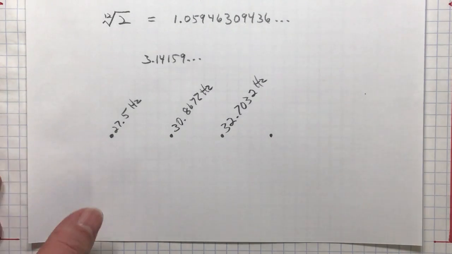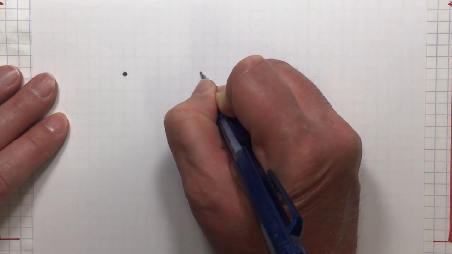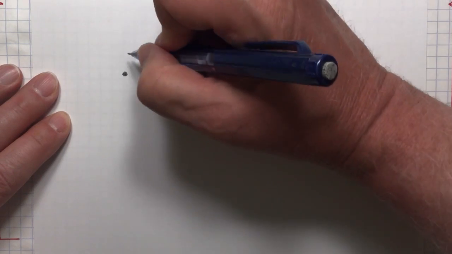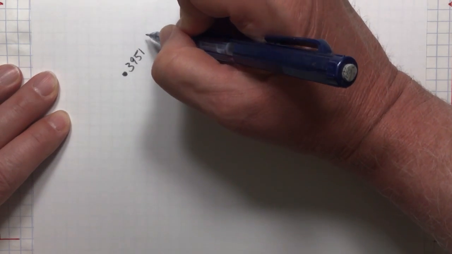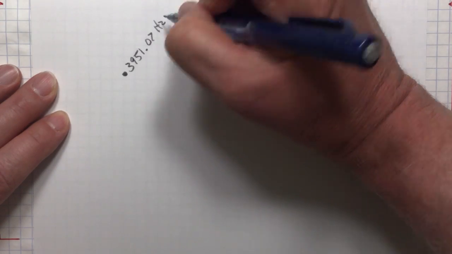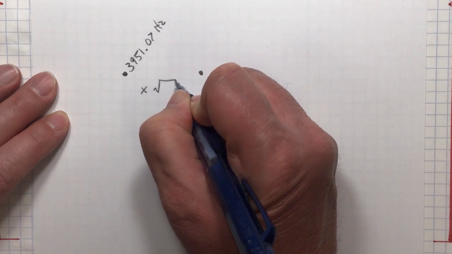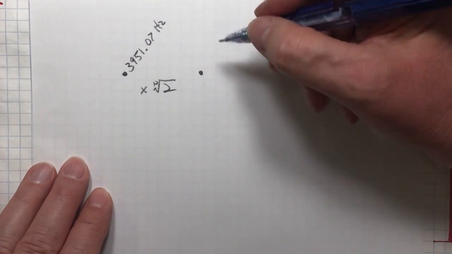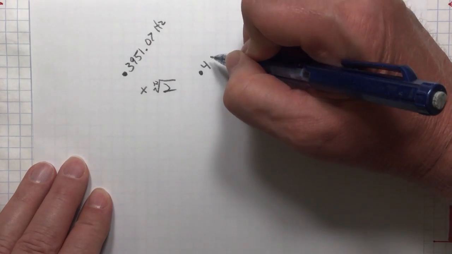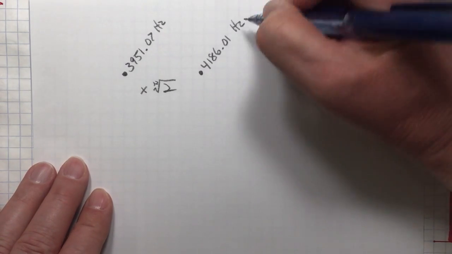Continue this process 83 more times until you reach the last 2 adjacent points. 3,951.07 hertz times 12th root of 2, and you get the final point, 4,186.01 hertz.